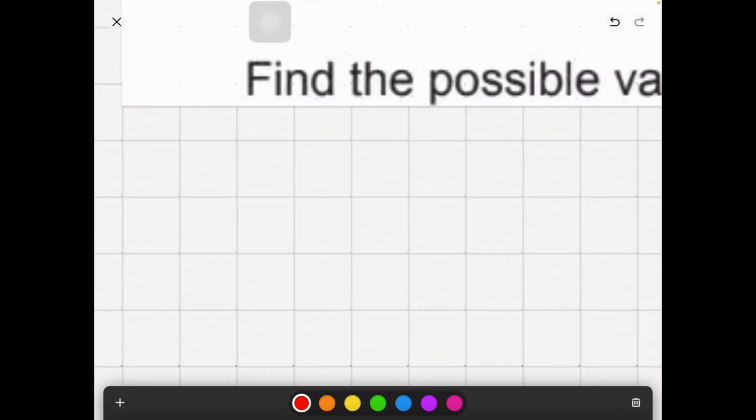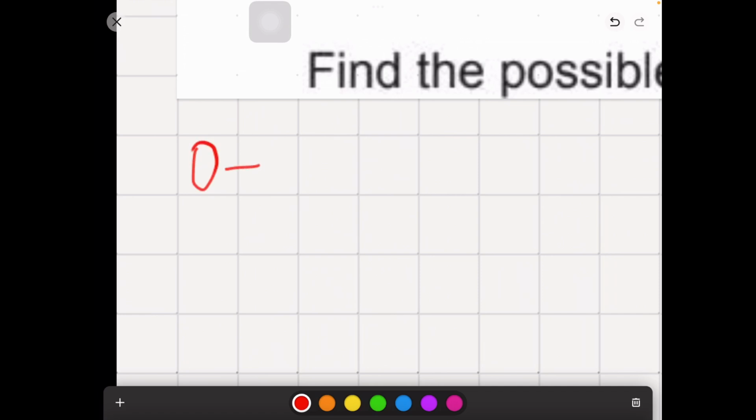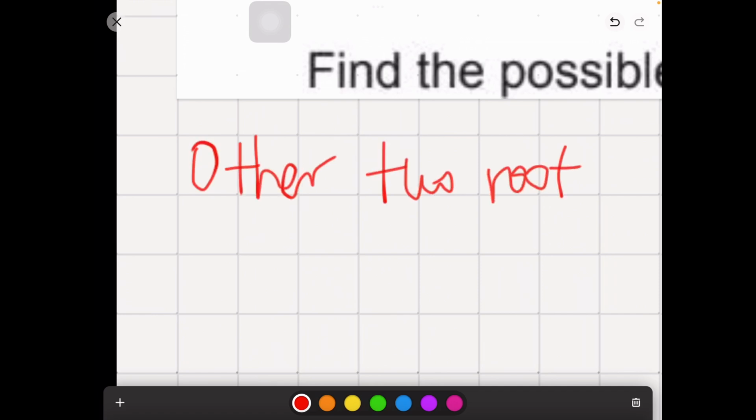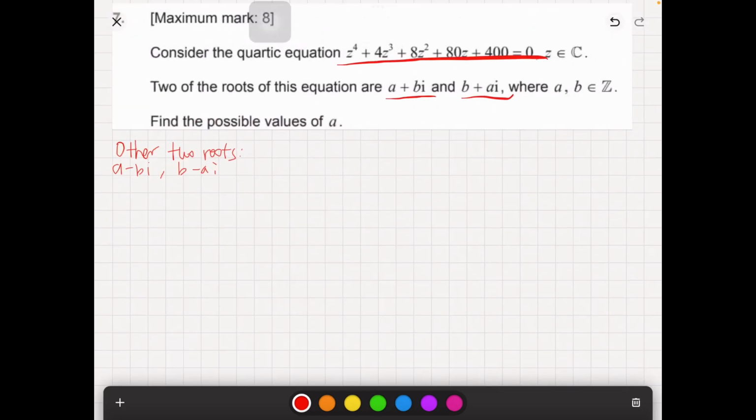So let's write those down first, and this will be helpful to us later on. Now we have to figure out what the sum of the roots and the product of the roots are, and to do that, we can use Vieta's formulas.